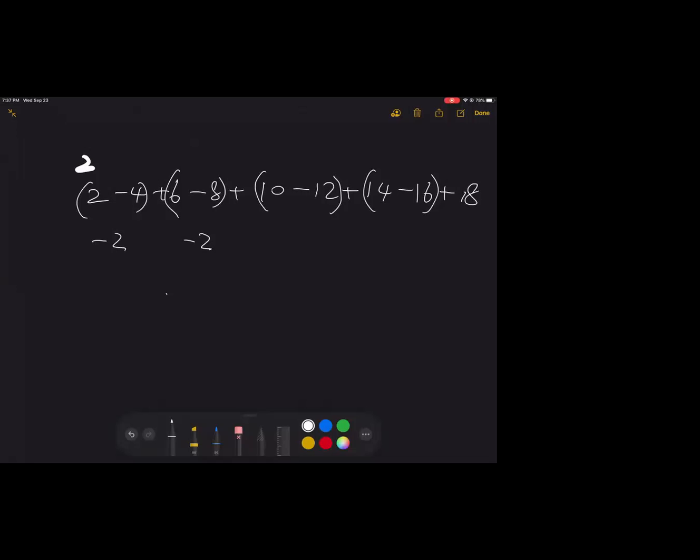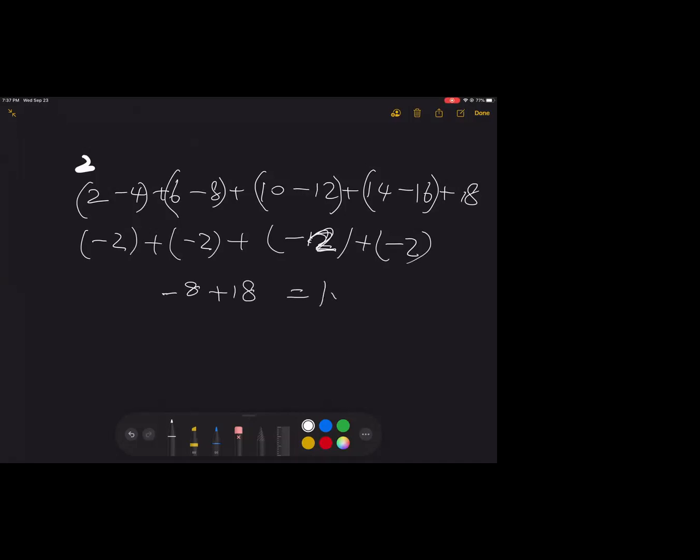And then 10 minus 12 is also -2. So it's 14 minus 16. And then I added all the -2's up together, which got me to -8. And then I did the +18, which got me to 10.